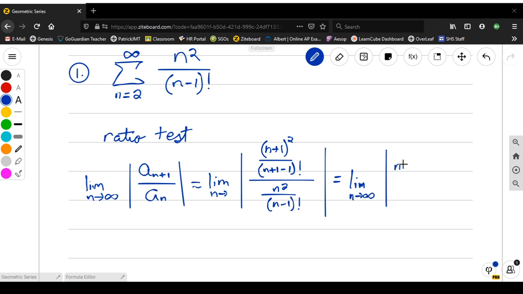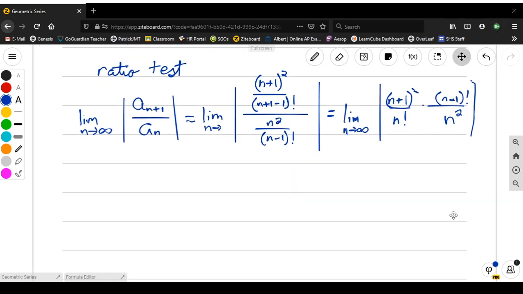So instead it's going to be n plus 1 squared over n factorial times n minus 1 factorial over n squared, right? And so we're going to be taking the limit of that.